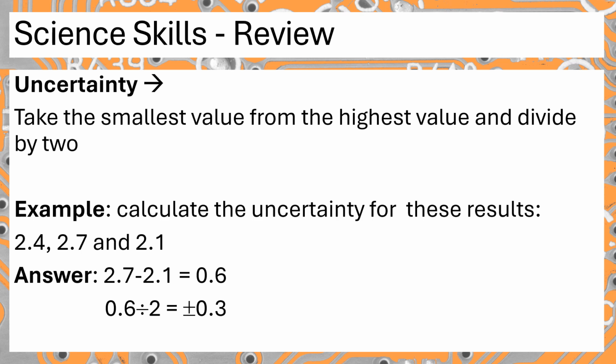So what this means is when I've calculated the mean average, so that was 2.4, then my results are going to be plus or minus 0.3 away from that value. But the main thing to remember is get the smallest value, take it from the highest value, and divide what you've got by 2.